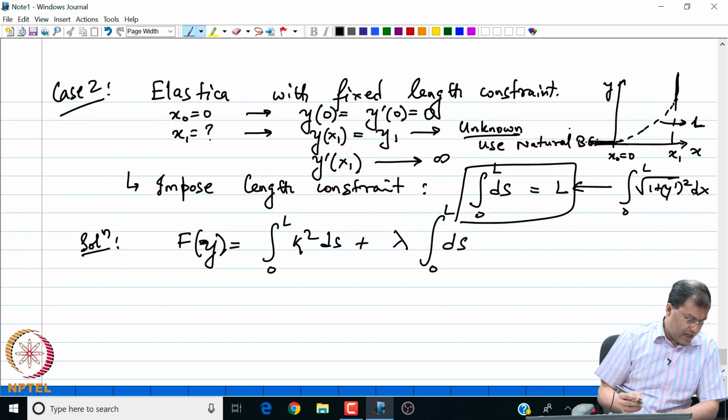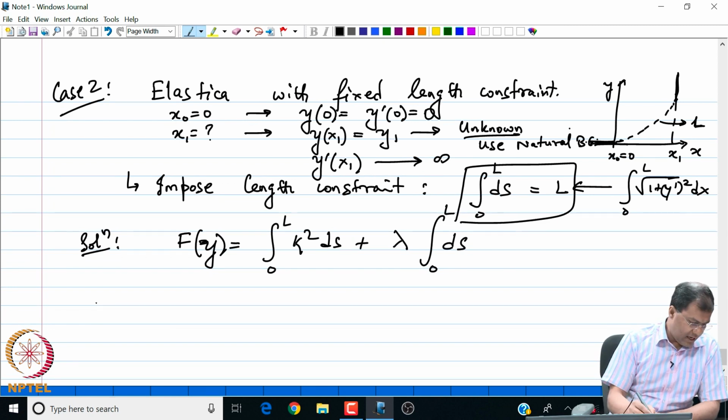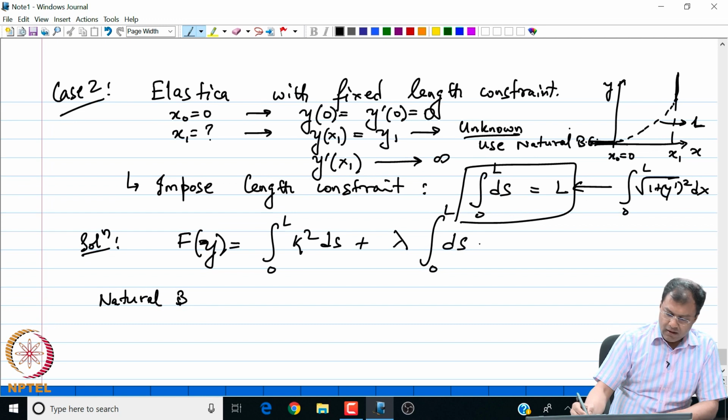Okay. So then I can certainly start by looking at the boundary conditions that I have. The natural boundary condition that I have is the following. Let me just write the final simplified form of this functional. This becomes the integral from 0 to L of y double prime square divided by (1 plus y prime square) whole cube.